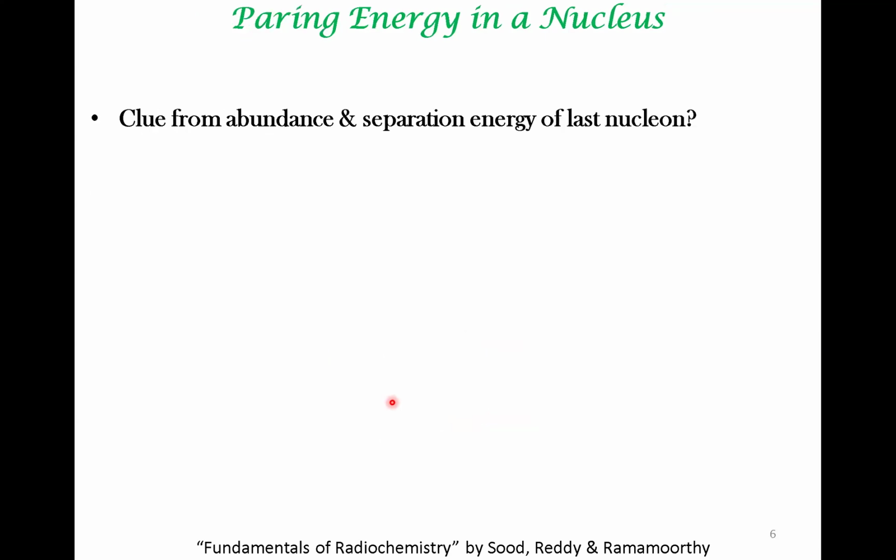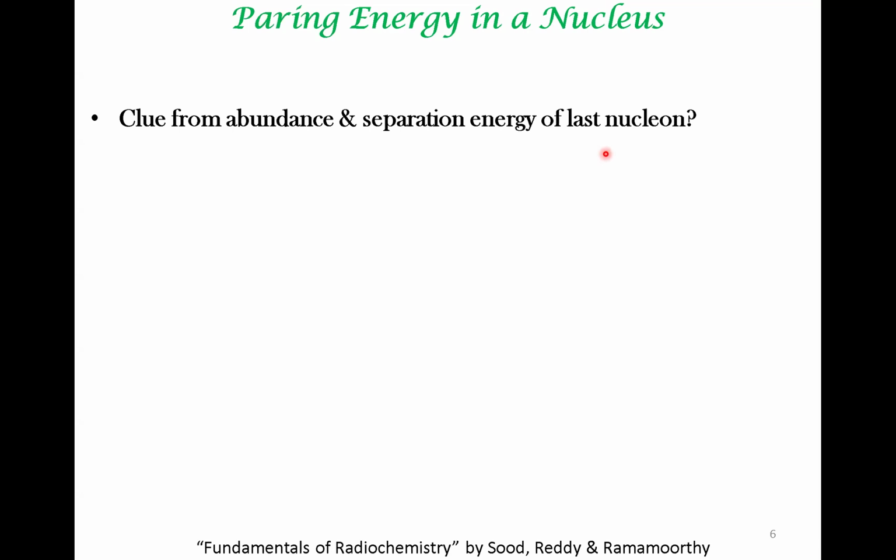Then, to emphasize that this is a phenomenological model, we can also include some features that are seen from experiments. We had seen in a previous lecture that the most abundant nuclei have an even nuclear configuration. That is, they have an even number of neutrons and an even number of protons. In addition, we had looked at the separation energy of the last nucleon, right?